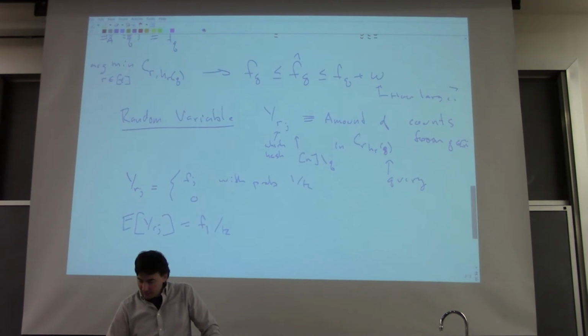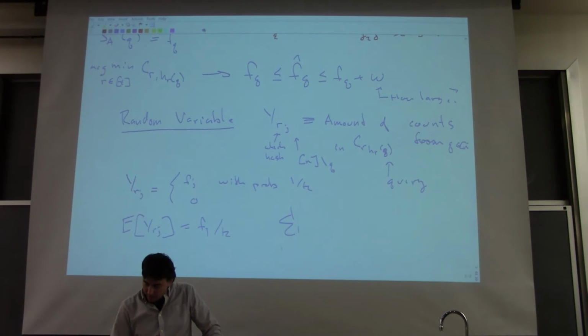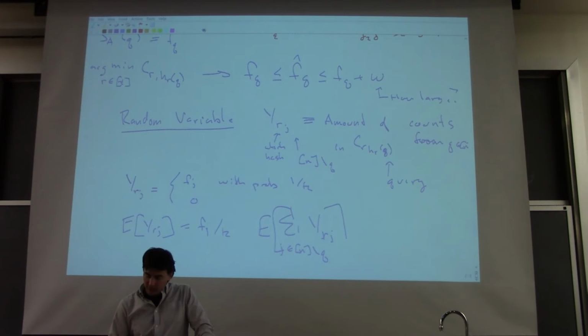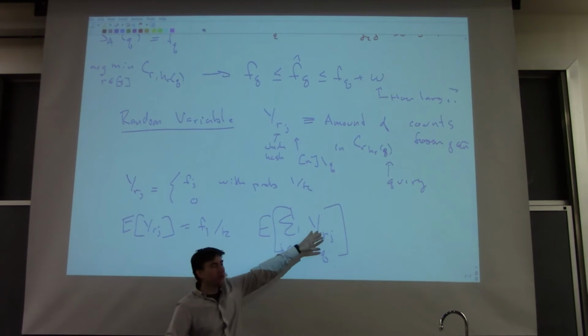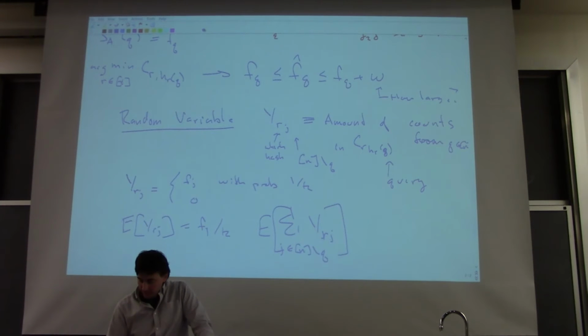Now if I look at the sum over j from 1 to n, in the set minus q, of the expected value of Y_rj, the expected influence of all of these other values, by linearity of expectation, is the sum over j of f of j over k.